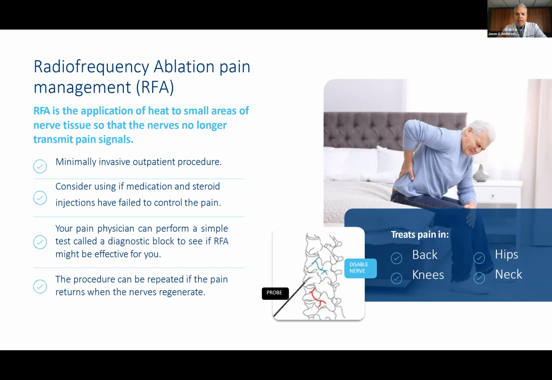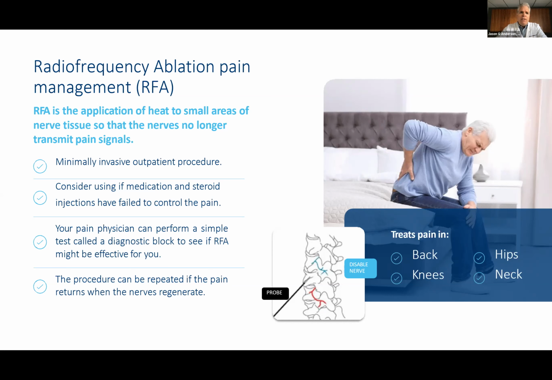And really, the only difference between it and a regular needle is we can take out the stylet, which is the core of the needle, and we can put an electrode through it. It also has a tip that's exposed, and that's the only place that heat is transmitted. I think of it as a local microwave, because the actual tip of the needle typically doesn't get hot, but it causes the tissues around it to get hot. And it causes the nerve tissue to start dying off in that area.